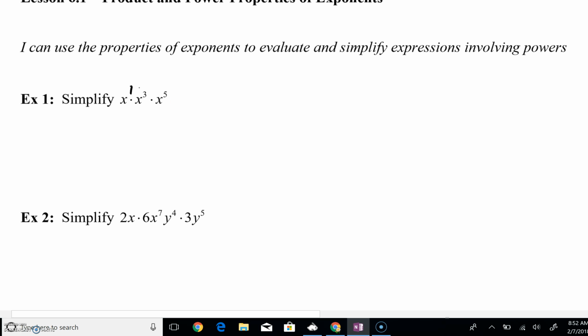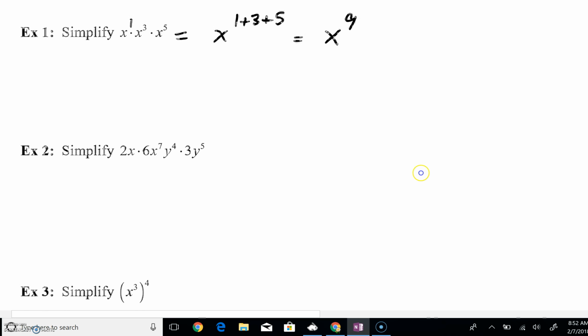And what are we going to do with all these powers, guys? Plain and simply, add them up. 1 plus 3 is 4. 4 plus 5 is 9. You're done. That's all you got to do. Multiply x to a power and x to the power. You write 1x and you add all the powers up.